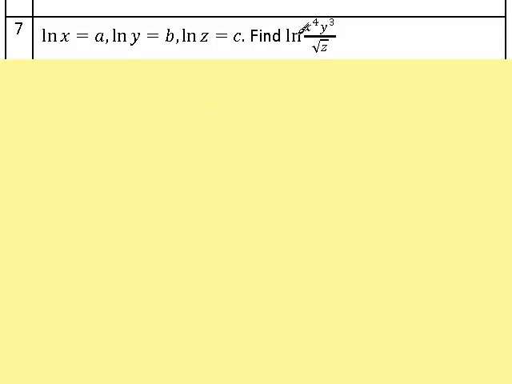And in number 7, we're going to expand. Start by expanding. So let's write this in one step. Let's expand. So we're going to bring down the 4 right away. So we have 4 ln x plus, bring down that 3 ln y, and subtract for the denominator, bring down the 1/2, minus 1/2 ln z. And now let's do our substituting.